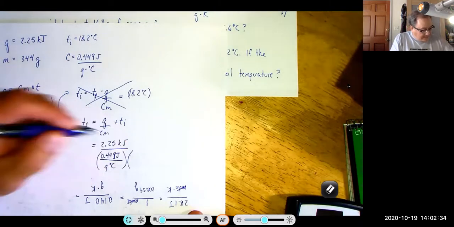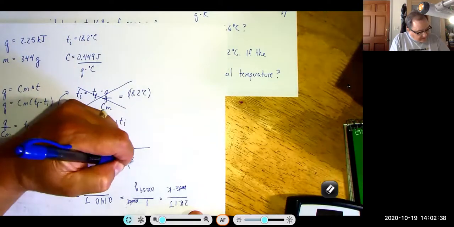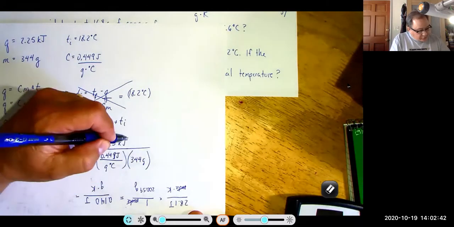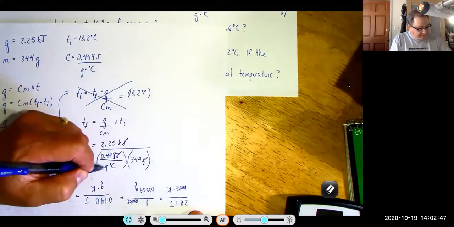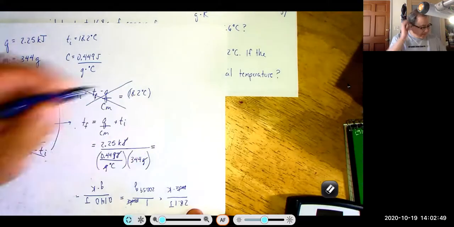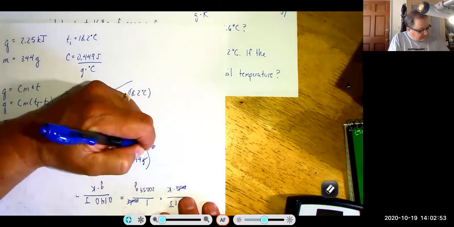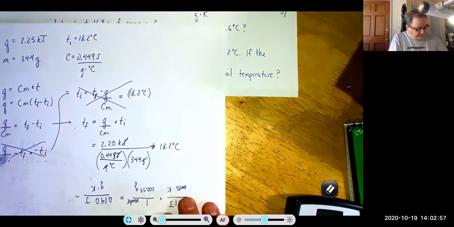And M is 344 grams. So this joule cancels with that joule. This gram cancels with this gram. And the T final, and I need to put plus 18.2 degrees Celsius.